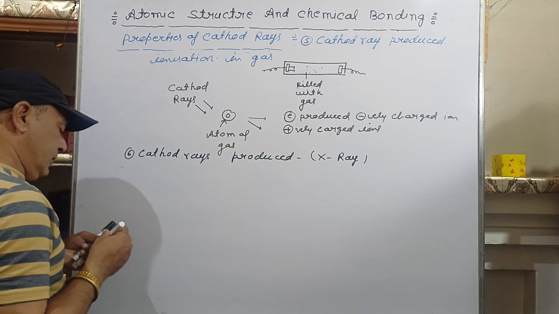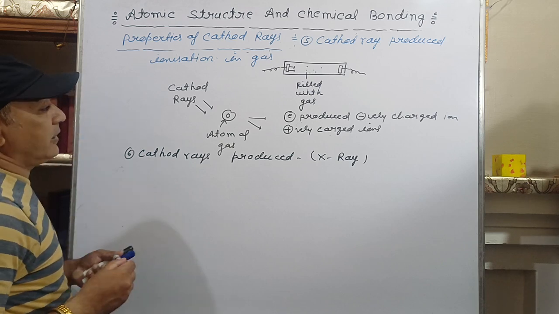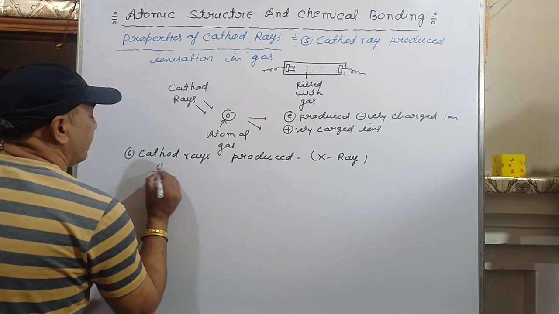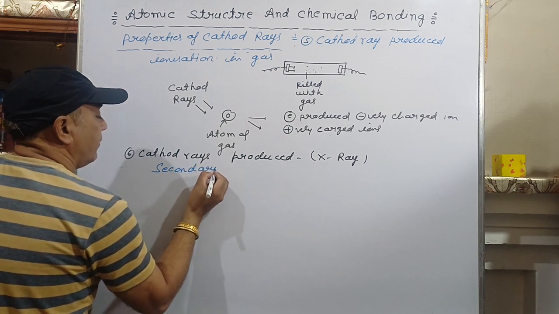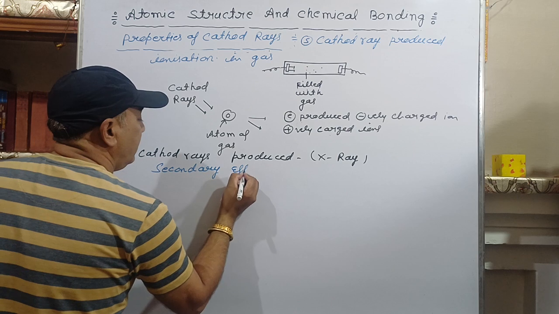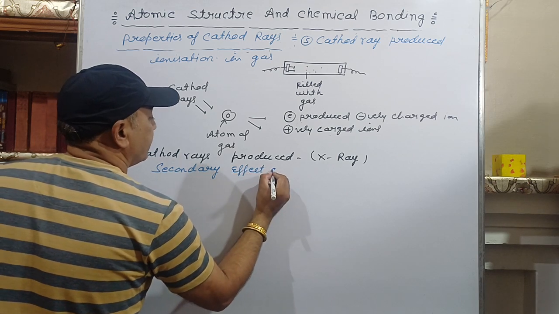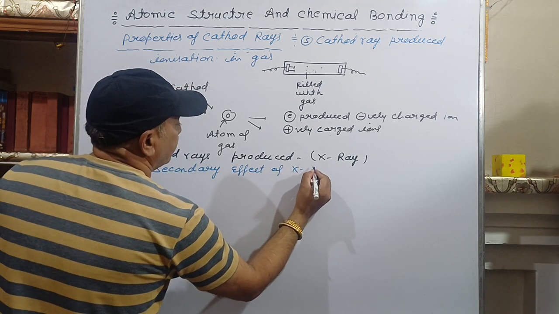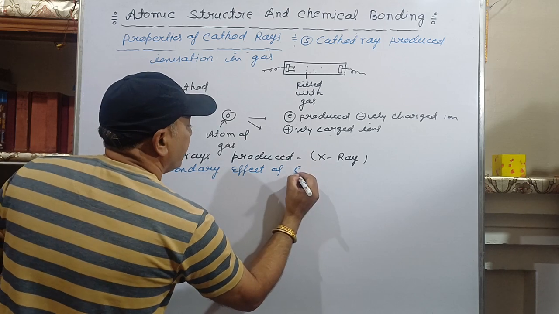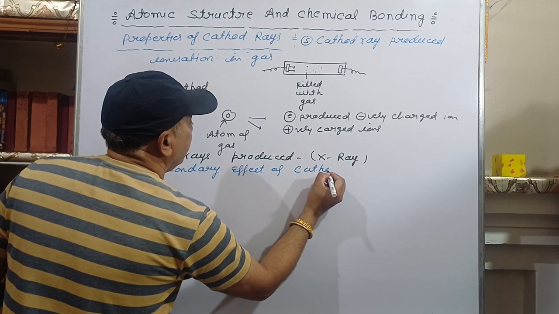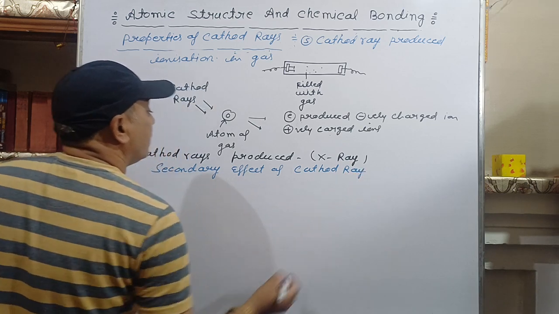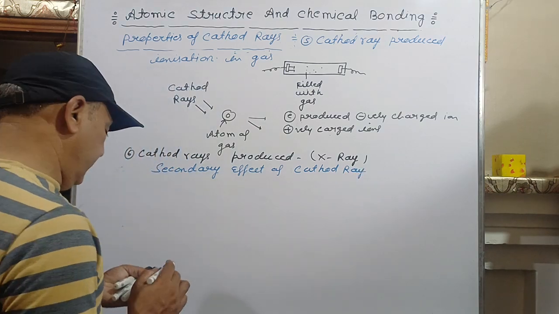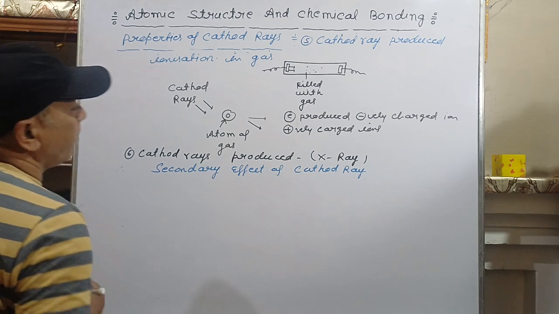It is also called the secondary effect of cathode rays. What is the secondary effect of cathode rays, and how do cathode rays produce X-rays? It is very simple.